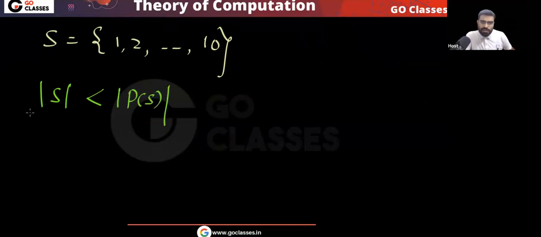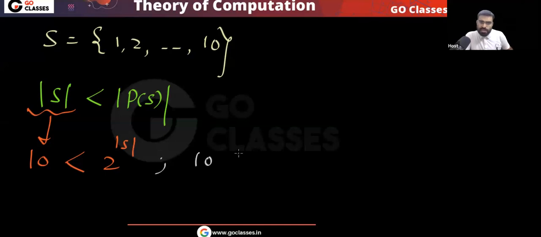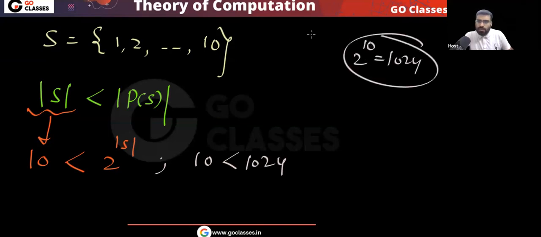You can easily notice 10 is less than 1024, because 2 to the power 10 is 1024. Is this clear so far? Let me know.